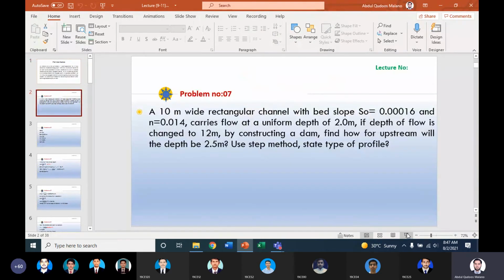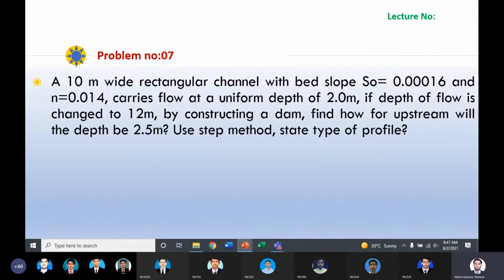Now here we see this example. A 10 meter wide rectangular channel, meaning the width of the channel is given as 10 meter, and having bed slope S naught of 0.00016, and the Manning coefficient is 0.014, carries flow at a uniform depth of 2 meter. The depth of the flow is uniform because we have uniform flow.